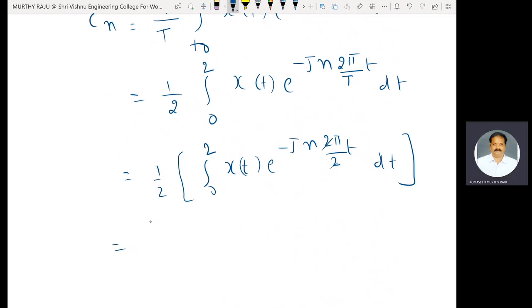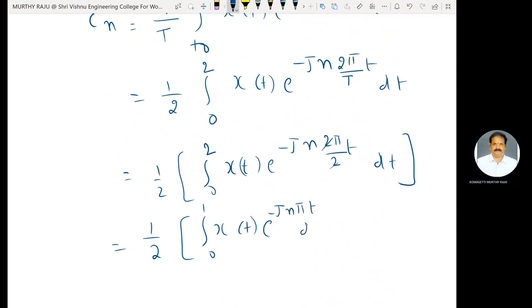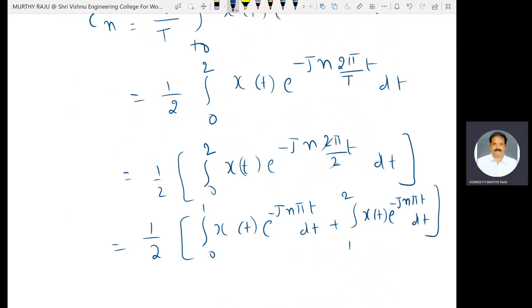Split 0 to 2 into two intervals: 0 to 1 of x of t e power minus j n pi t dt plus 1 to 2 of x of t e power minus j n pi t dt.